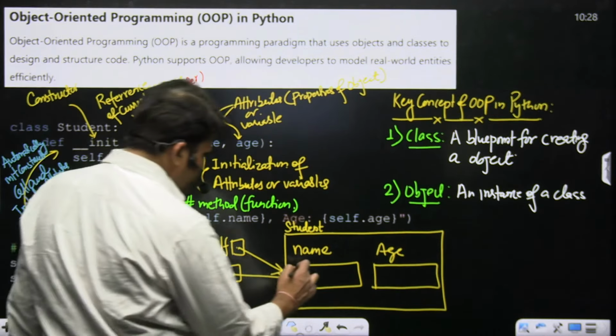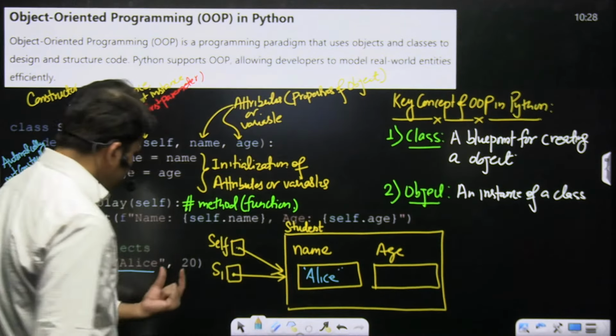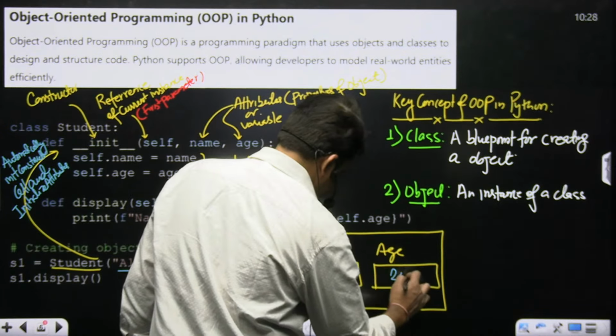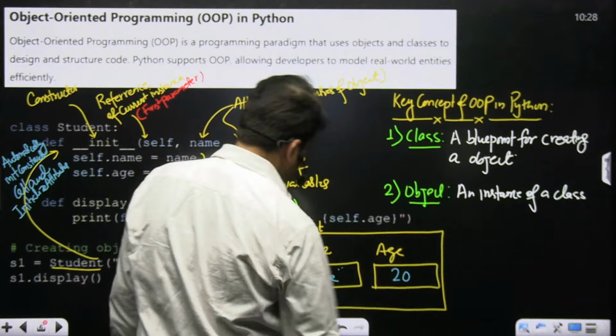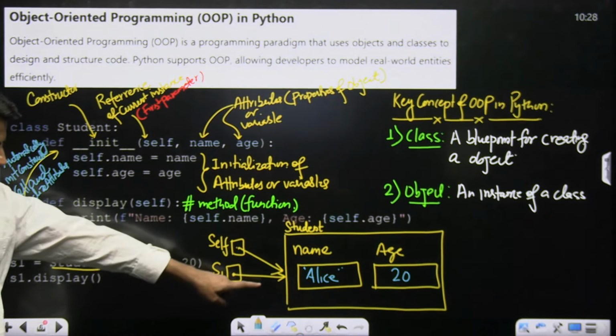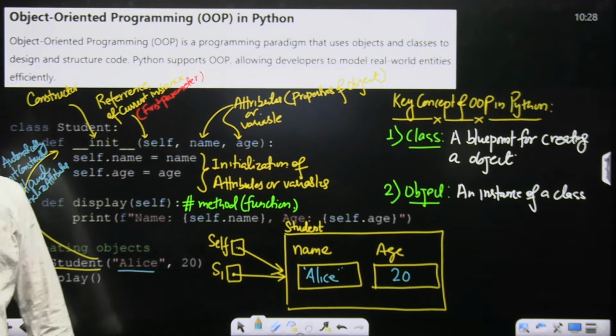Name is initialized to Alia, and age is 20. S1 is pointing to this one, and self is a reference of the current instance.